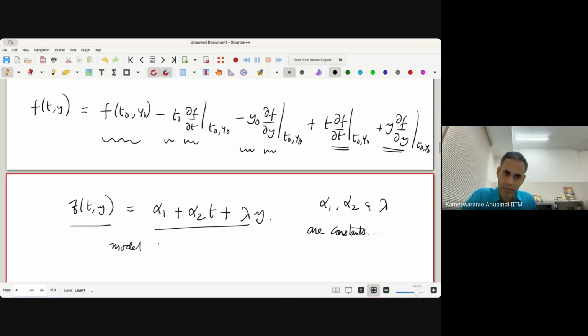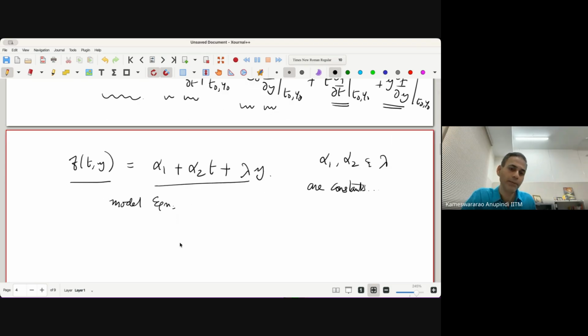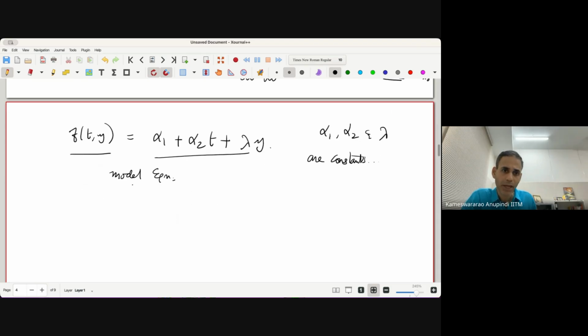But then, I'm going to further neglect the inhomogeneous part to simplify the analysis. That is one part.